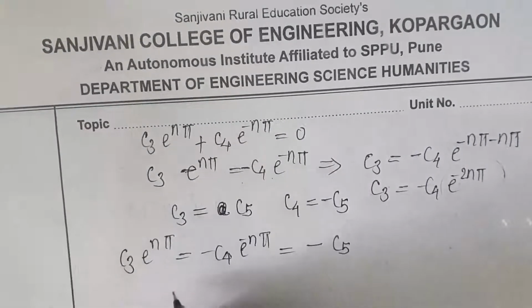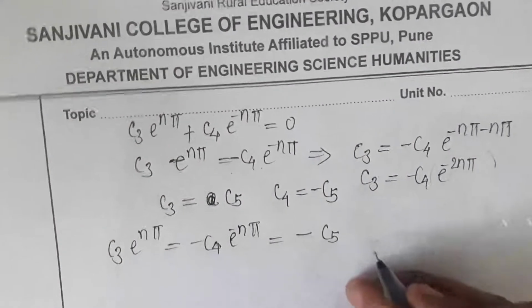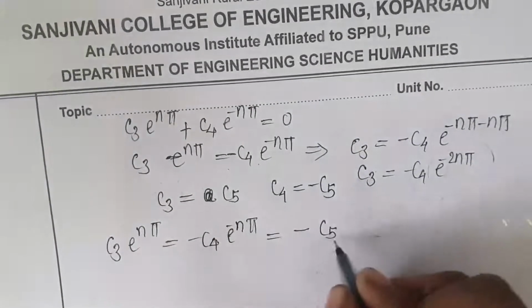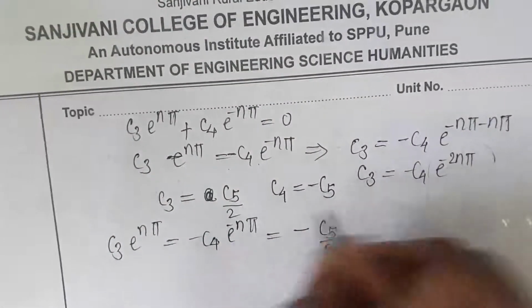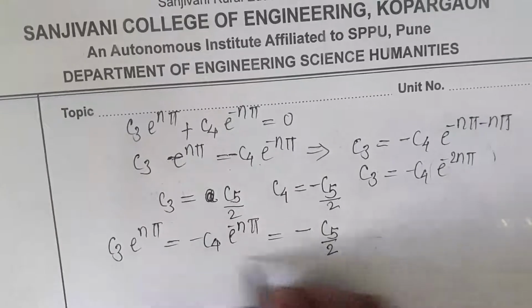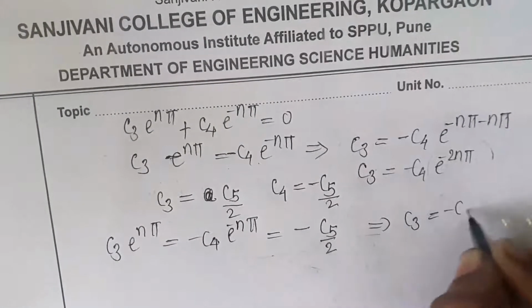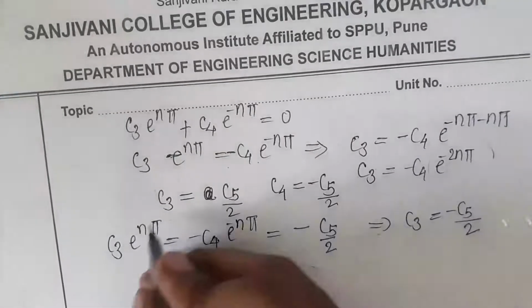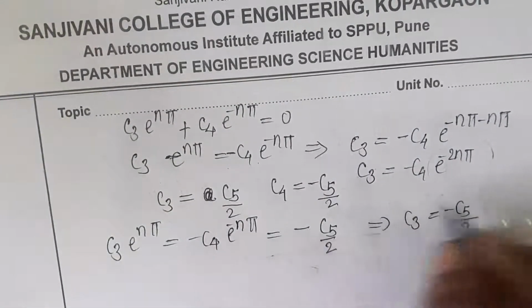You can consider c3 e^(nπ) = -c4 e^(-nπ) = -c5, and find its coefficient. If we write c5/2 instead of c5, that will be better to convert it into the formula. So we get c3 = -c5/2, because this cannot be 0, and we can equate it with e^(0π).